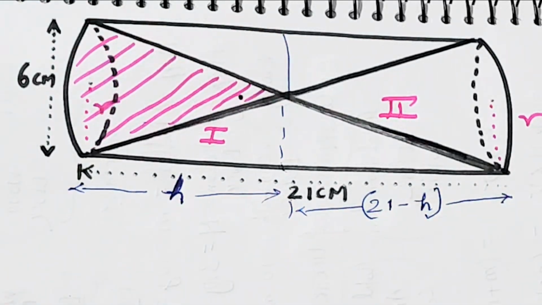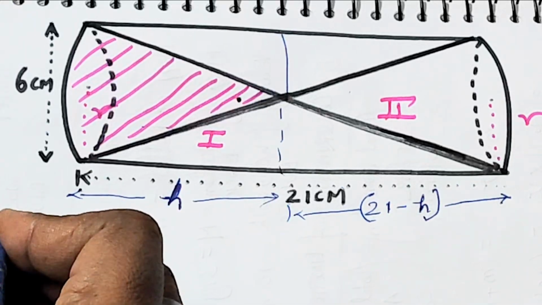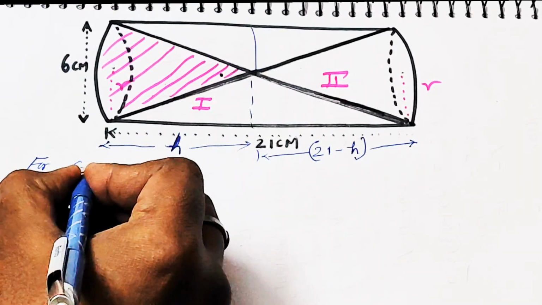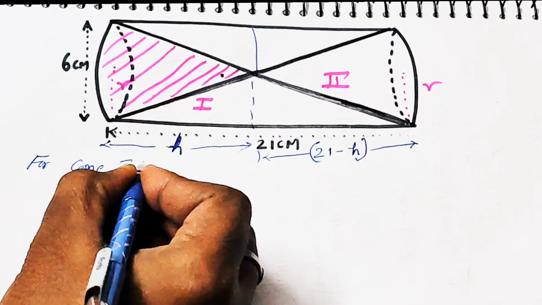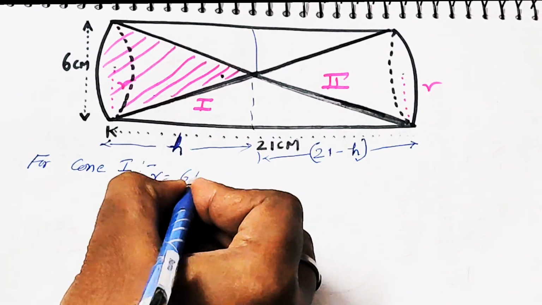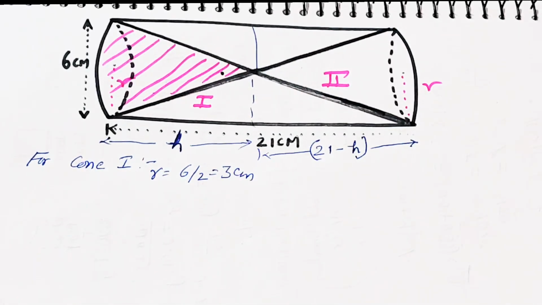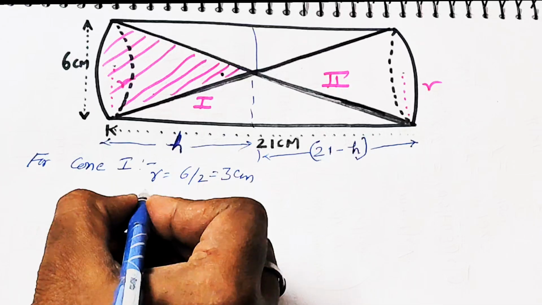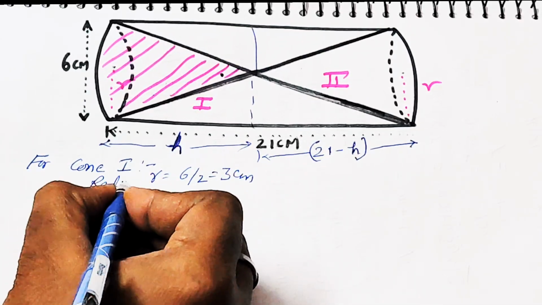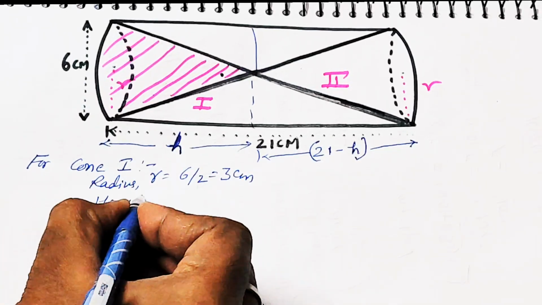The height of the cylindrical pipe is given as 21. So let us assume h as the height of cone number 1, and then the height of the second cone, that is cone number 2, will be 21 minus h. So for cone 1 we can say that radius is 6 by 2, that is 3 centimeter. Same I have written over here, and height, as we have assumed, is h, a small h.